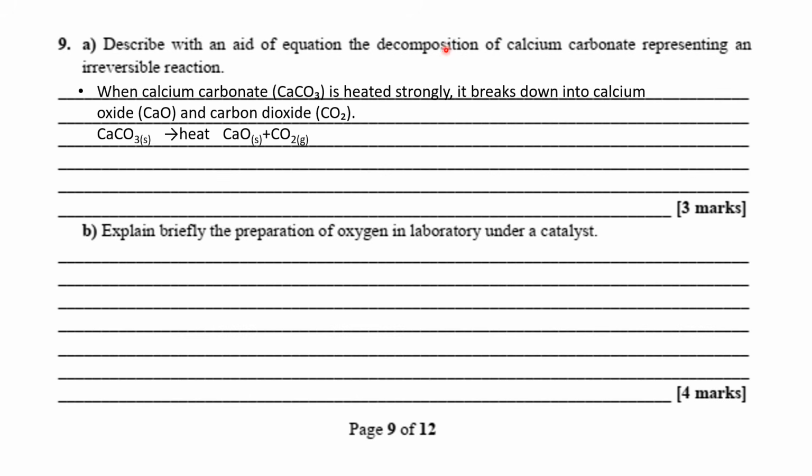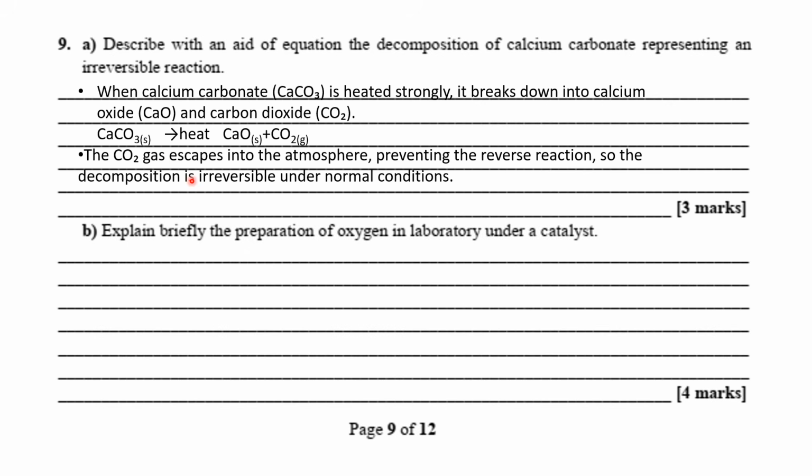Remember, the question is saying with the aid of an equation. So the equation is over here. Calcium carbonate is being heated to produce calcium oxide and carbon dioxide. So the carbon dioxide will evaporate and go into the air. The carbon dioxide is going to escape into the atmosphere, preventing the reverse reaction.